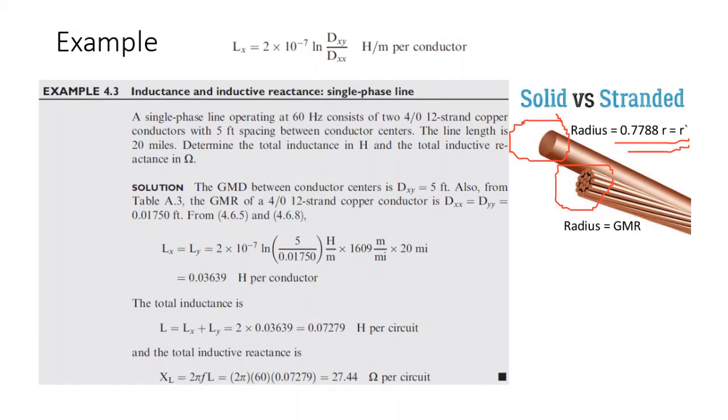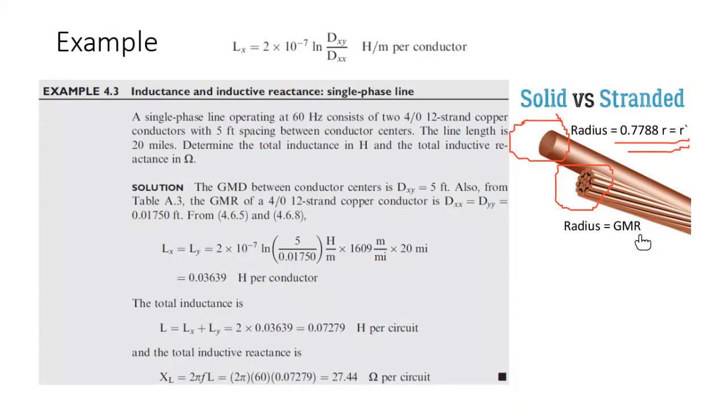So we call it r prime. You see now, it's not the full radius. This is r prime because it's solid. Therefore, if it is a solid conductor, instead of calculating the geometric mean radius, we have only r prime. That's it: 0.7788 times r.